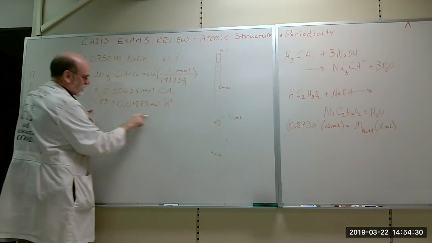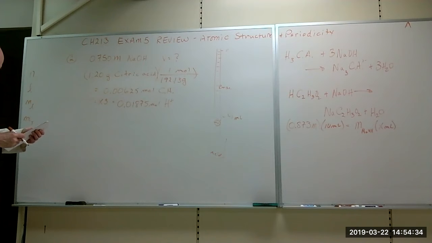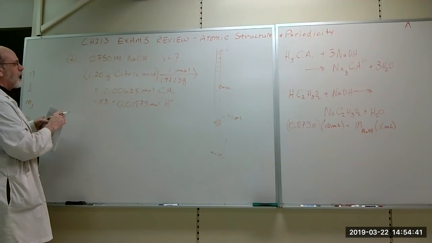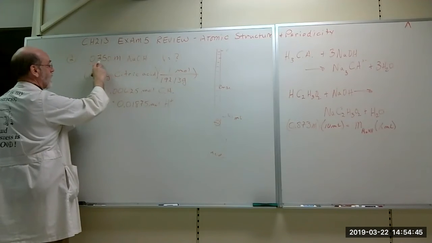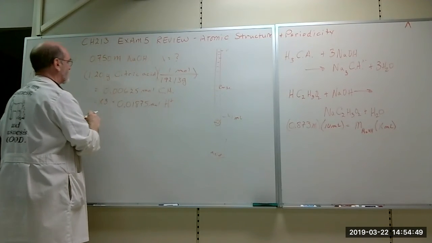Since we have this many moles of protons, let's see, go back here. Now we're going to have that many moles of protons neutralized by how many moles of sodium hydroxide, because it's only 1 each.